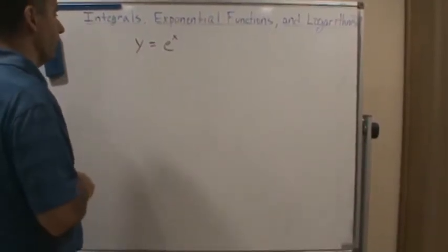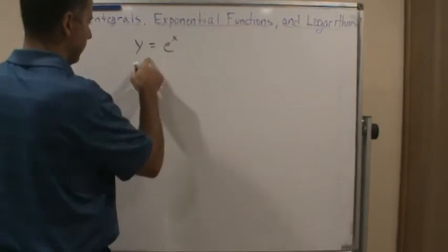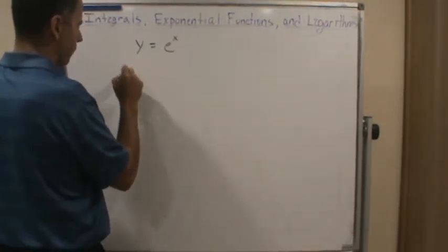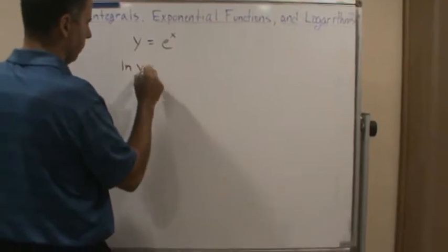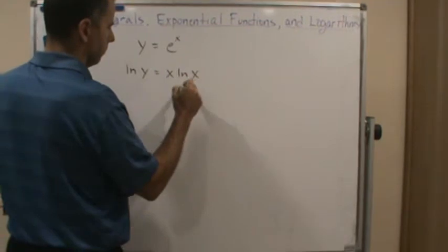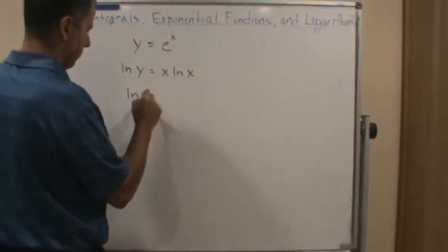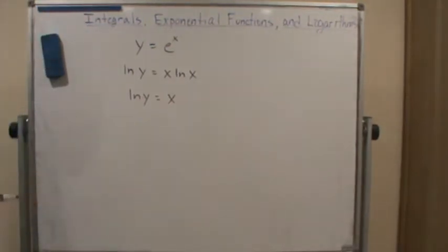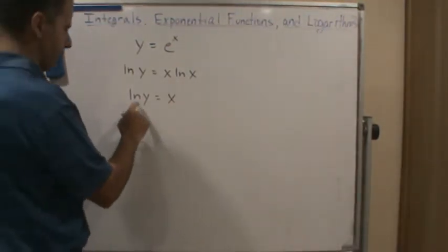Okay, so what we're going to do is take the natural log of both sides. Right, so that's what we have. And now we're going to take the derivative of both sides.